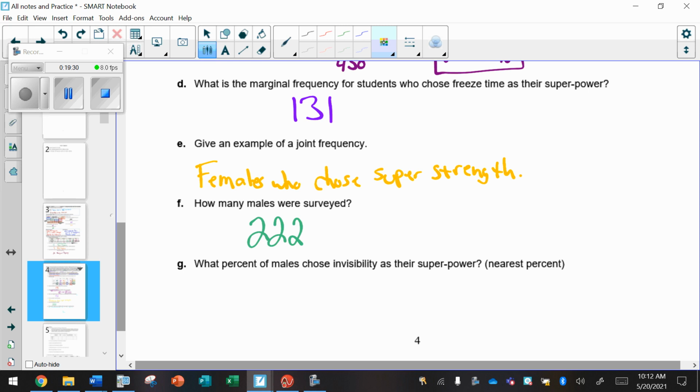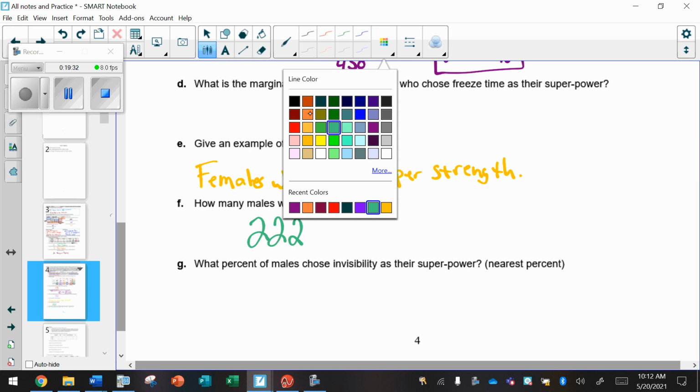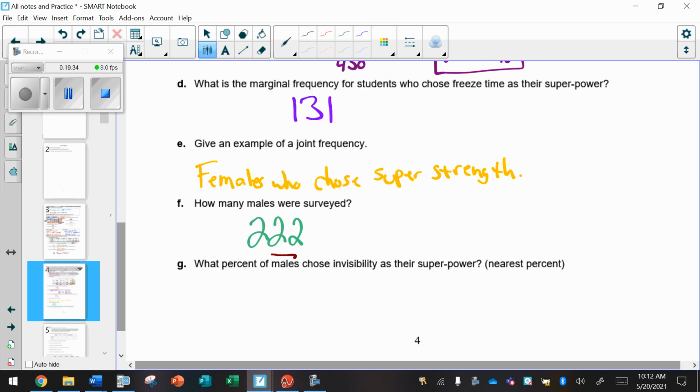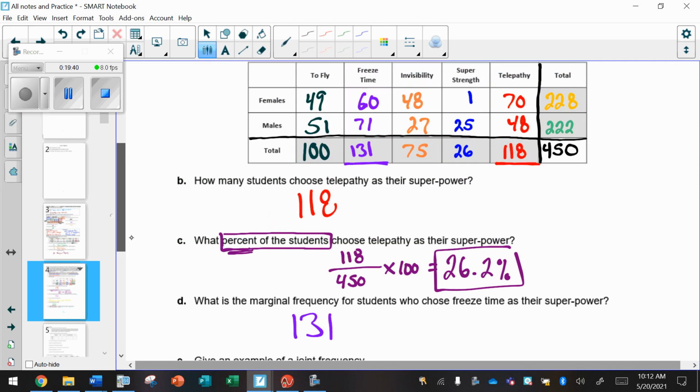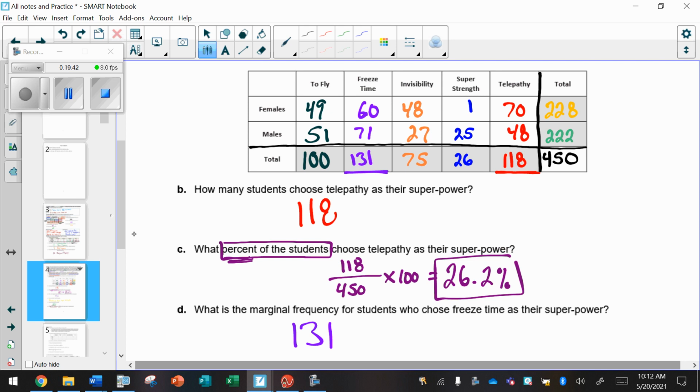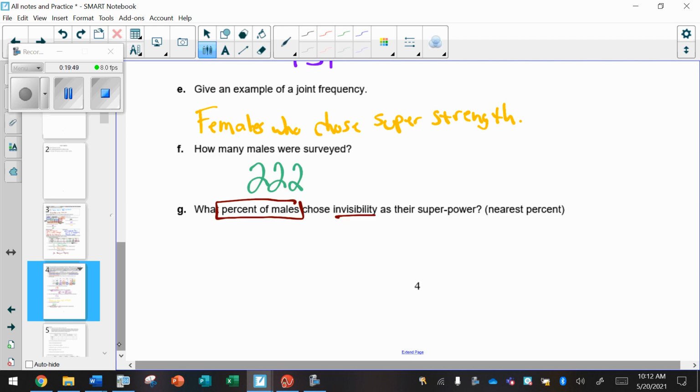Next question says, what percent of those identifying as males, percent of males, chose invisibility? So males and invisibility is 27. So 27 out of the 222 males. We are focusing on just those that identify as male.